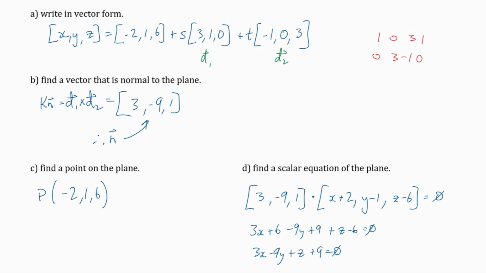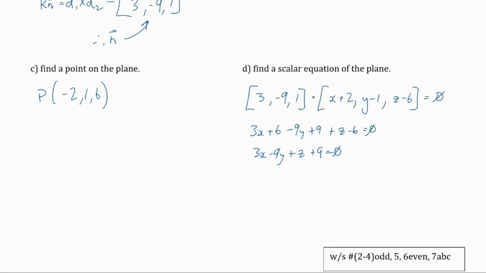And when I take the cross product of 2 vectors, I find a vector that's orthogonal to both, right? So you notice that almost every question had to do with the normal, whether it was coming up with the scalar equation or what have you. That's a big part of what we do with planes, okay?